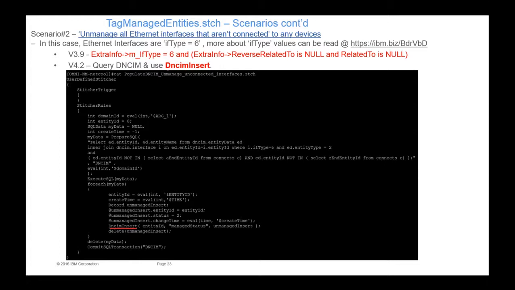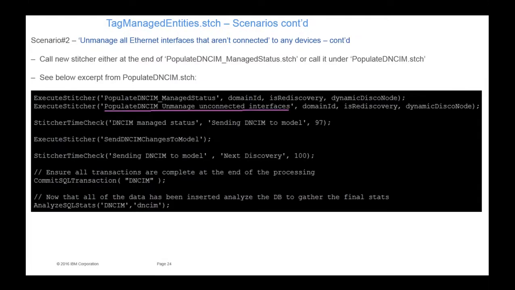Once you develop your own stitcher, you can call it either at the end of the existing populate DNSIM managed status stitcher, or under the populate DNSIM table stitcher. I've listed the example there. Either way, it doesn't matter. It depends on where exactly you want to call it. It's your choice.